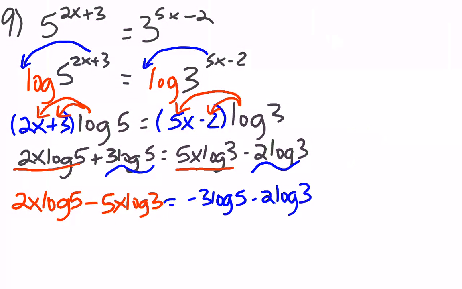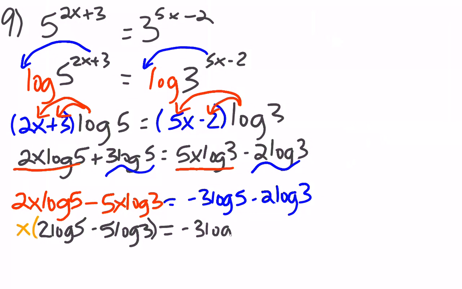And we're literally almost done, okay? So hold on, you can do it. We're going to factor out the x on the left side. So when I factor out the x on the left side, 2 log 5 minus 5 log 3 equals the stuff on the right.